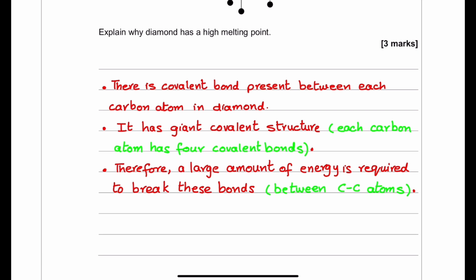The model answer is, there is a covalent bond present between each carbon atom in diamond. It has a giant covalent structure, meaning each carbon atom has 4 covalent bonds. Therefore, a large amount of energy is required to break these bonds.